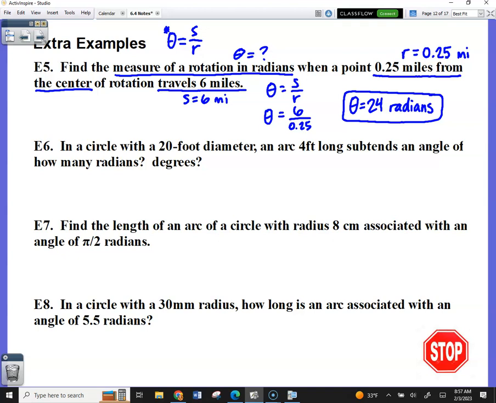Okay, let's try one now where it's not straightforward. There's something in there that you're going to have to tweak. In a circle with a 20-foot diameter, an arc 4 foot long subtends an angle of how many radians? Okay, what's the trick here? We're giving you the diameter. We don't want the diameter, we want the radius. So don't run with that 20 because you're going to get it wrong. This is the diameter in feet.